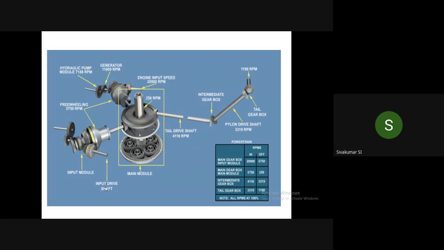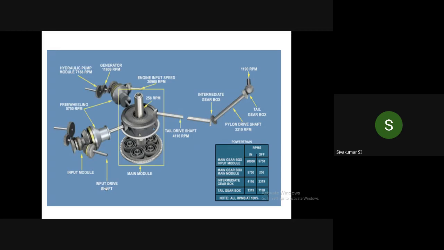This is one of the important ones, where in the inner structure there are some gears, planetary gears, inside the transmission system. Like a main model, the engine is rotating at 20,000 RPM.